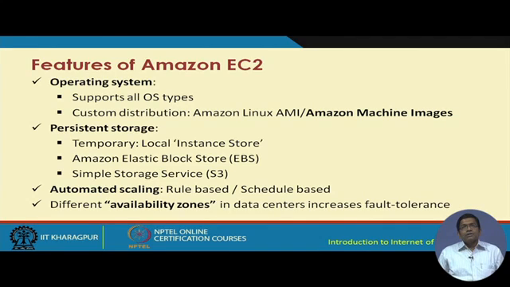In terms of storage, it has temporary storage for local instance store, and also the Amazon Elastic Block Store, the EBS, and the third is the simple storage service S3. So, these are the persistent storage mechanisms that are available in EC2.